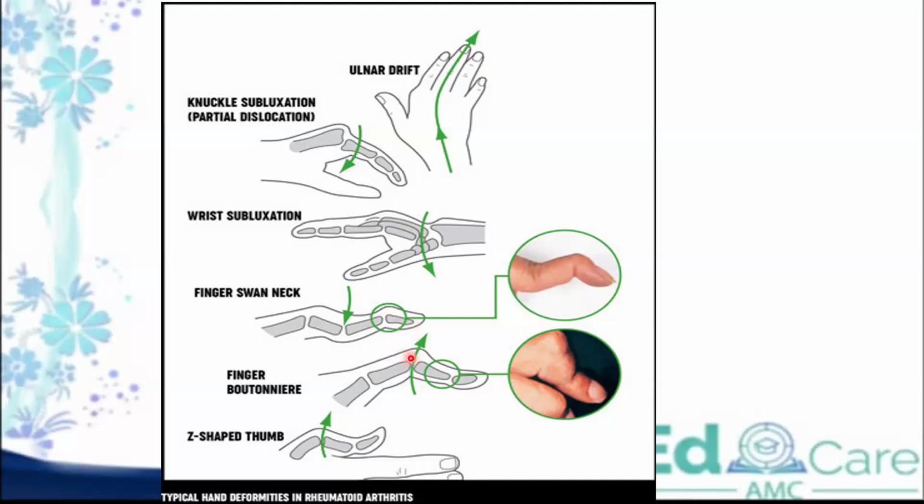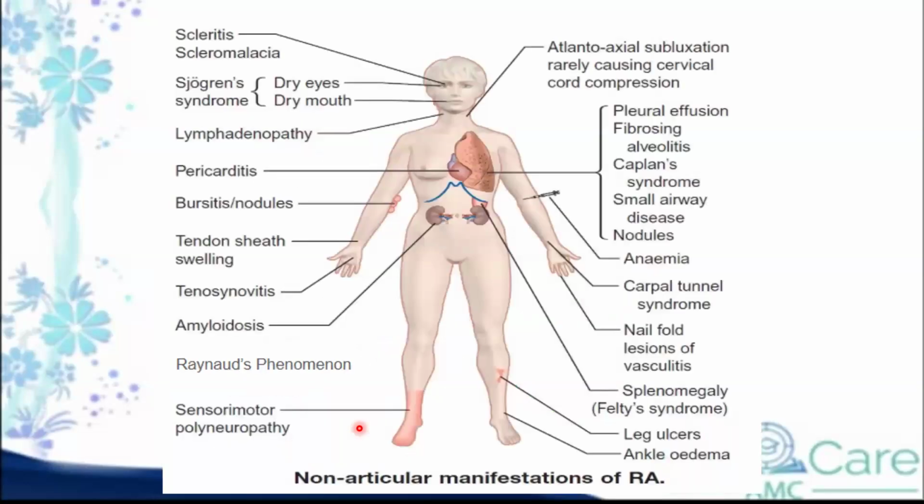So just check for some pictures of Boutonniere deformity. You see a buttonhole deformity. That's the meaning of Boutonniere. Then there's the Z-shaped deformity. So just know that these are there, right? They will put it in the middle of a question.